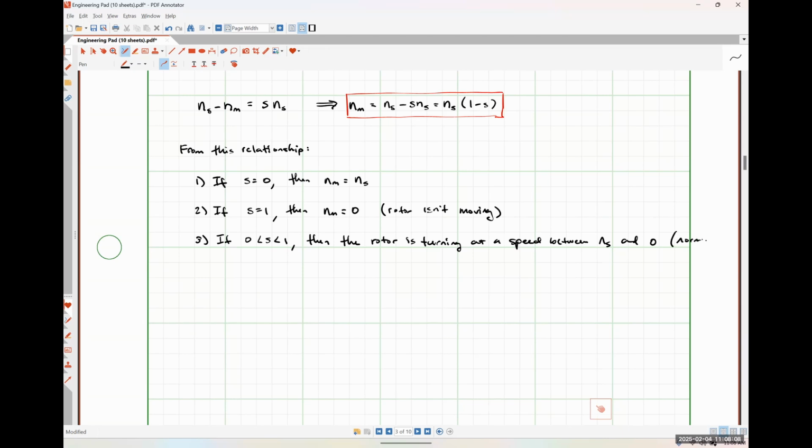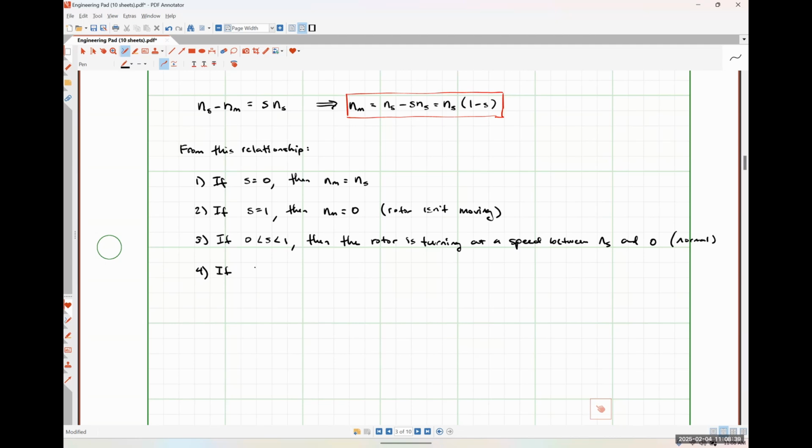And this is what we're going to call our normal operation, right? So typically speaking, we want a slip. Usually it's somewhere between 3 to 5%. Can be a little bit more, can be a little bit less. It's going to depend on how much we load the motor and all of that kind of good stuff. But we're going to have some level of slip at all times if our rotor is spinning. All right.